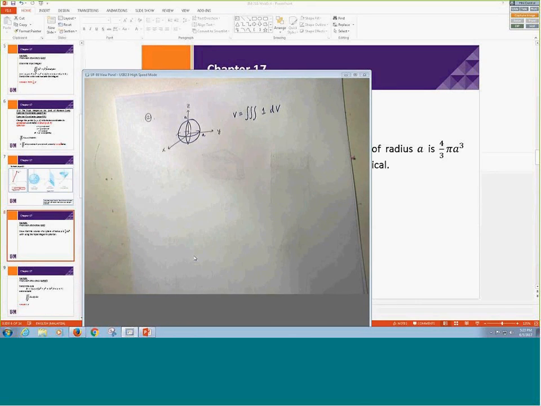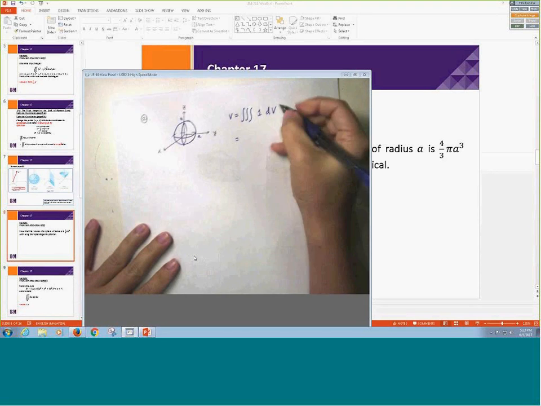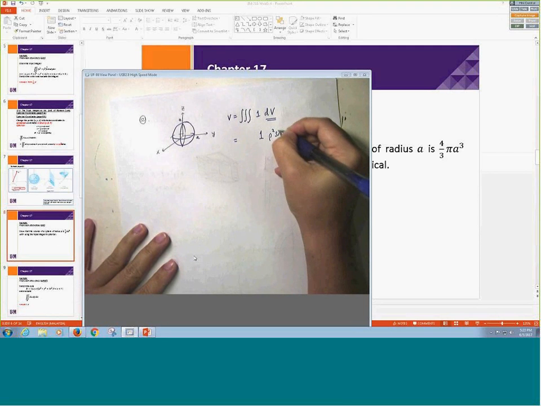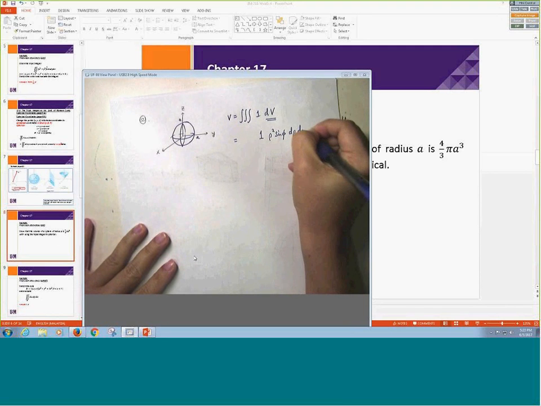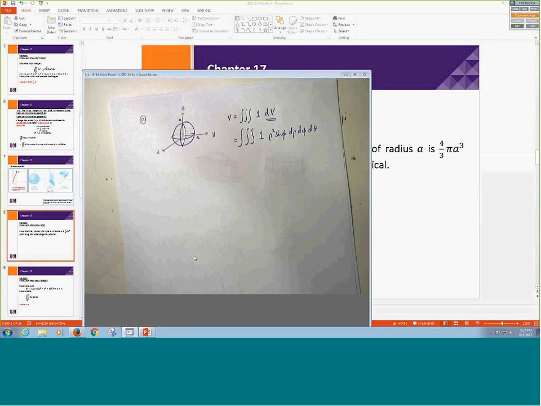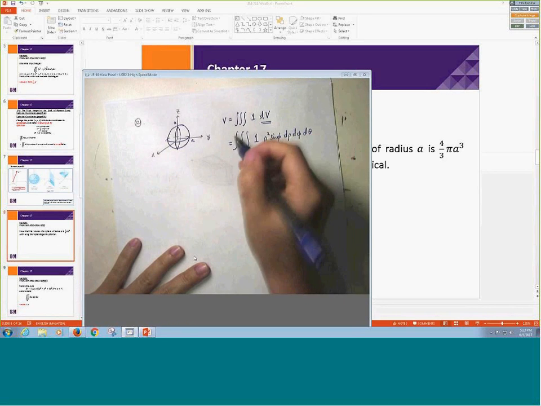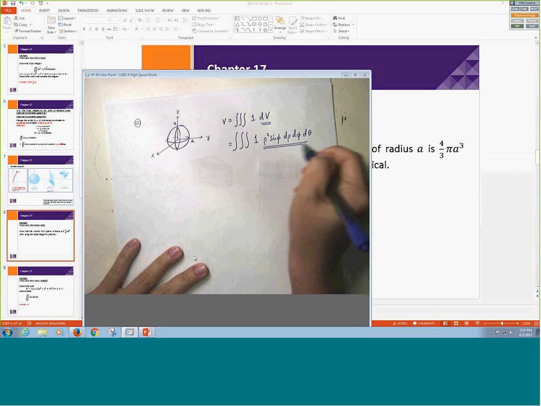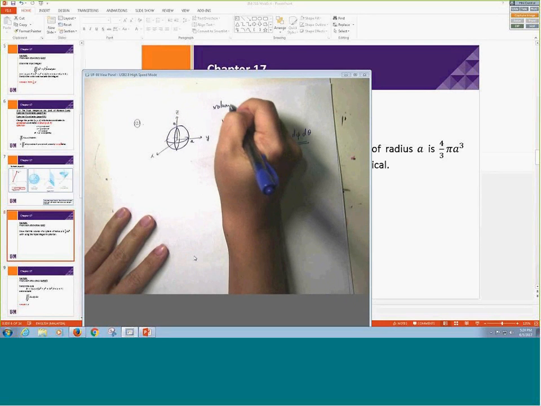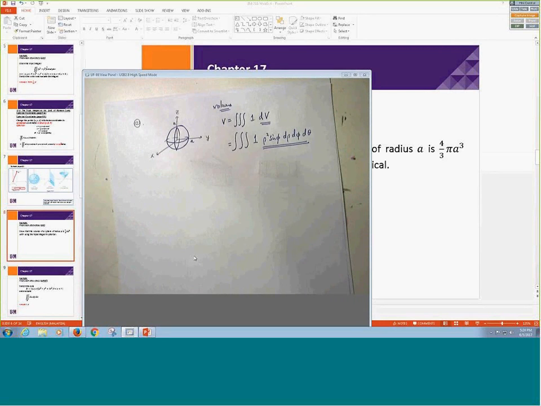And if we want to transform using spherical coordinates, the dV here is rho squared sine phi d rho d phi d theta. The 1 remains 1 because the volume formula is 1 dV for the triple integral.